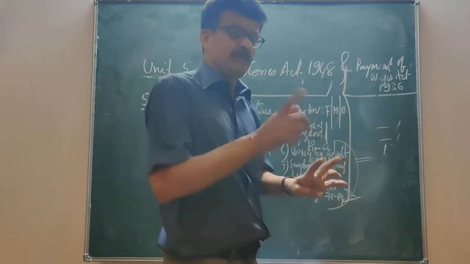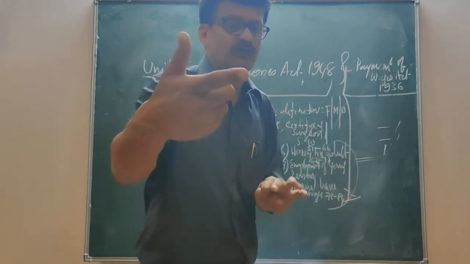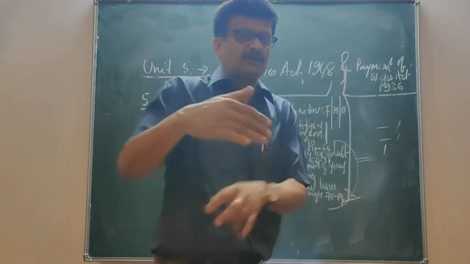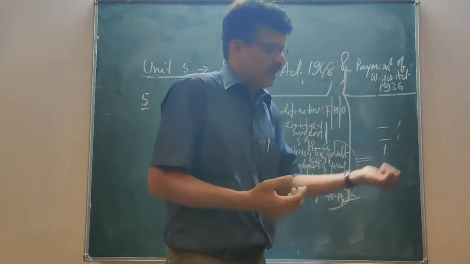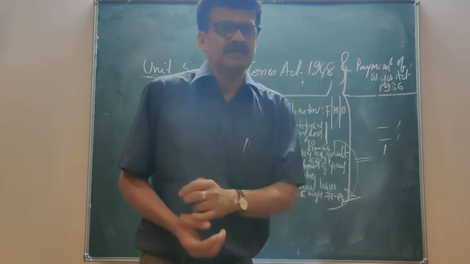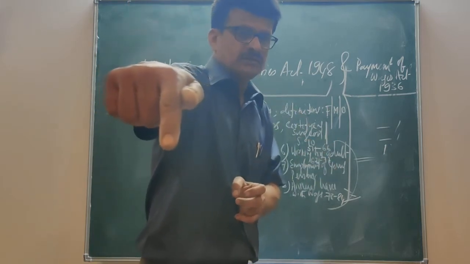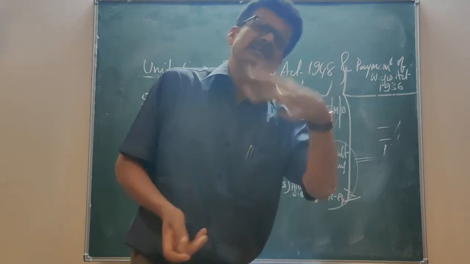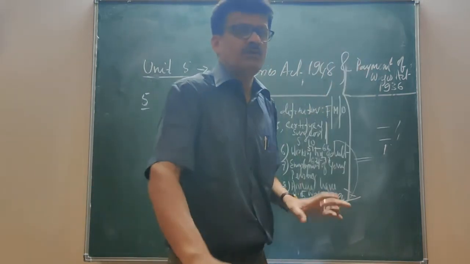Factory means any premises including the precincts thereof, whereupon any manufacturing activity is carried on with the help of 10 or more persons where power is used, or with the help of 20 or more persons where power is not used. This is the factory.